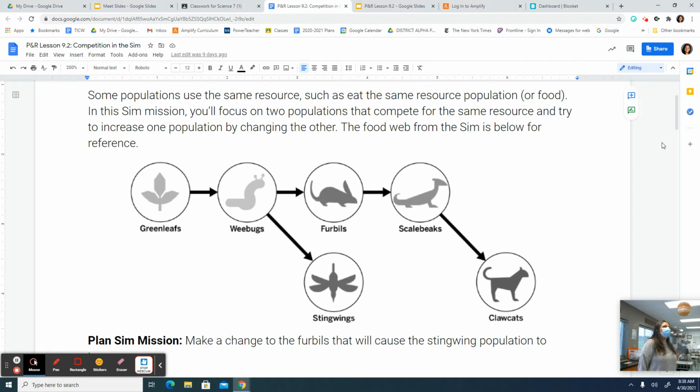In this sim mission, you're going to focus on 2 populations that compete for the same resource and try to increase one population by changing the other. The food web from the sim is below for reference. So here's our food web once again. We've already talked about how the furbills and the stingwings both rely on those wee bugs.